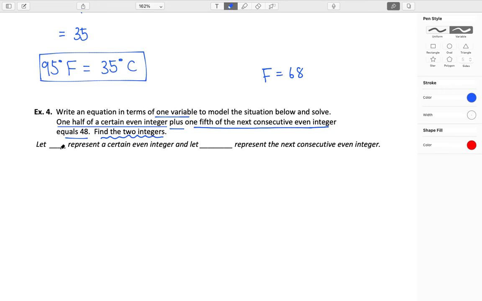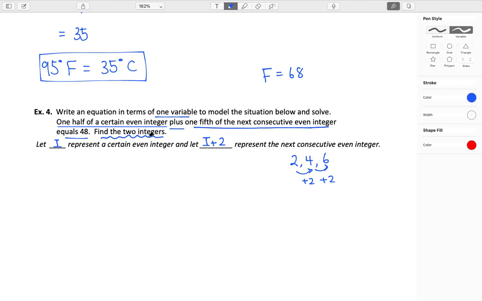So let's say let I represent a certain even integer, and then for the next consecutive even integer, we know that consecutive even means that they are always increasing by 2. So if it was 2, 4, 6, we are always adding 2. This is consecutive even. So the next consecutive even will be I plus 2.